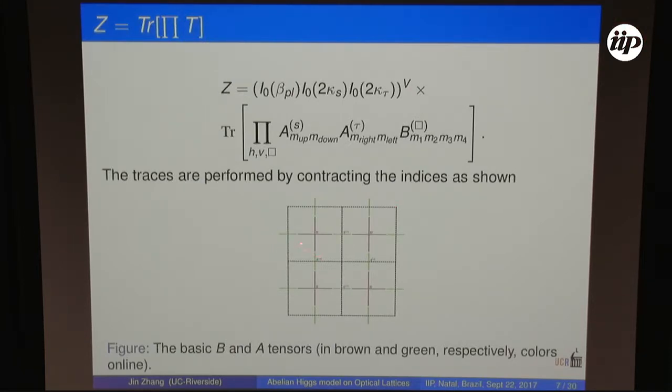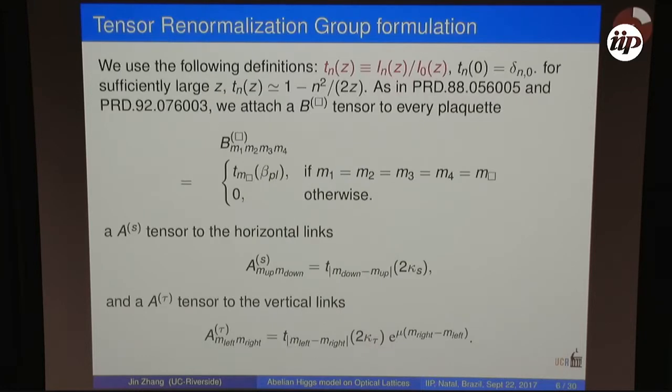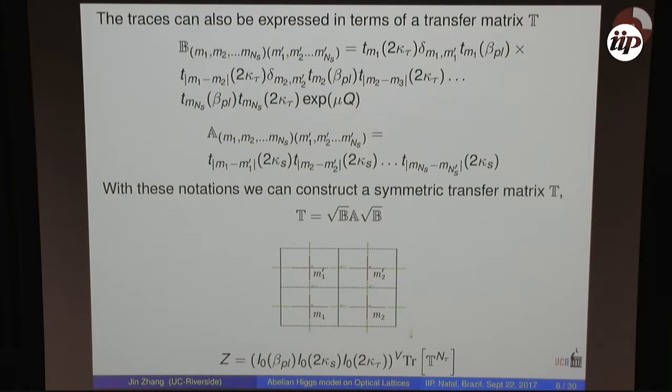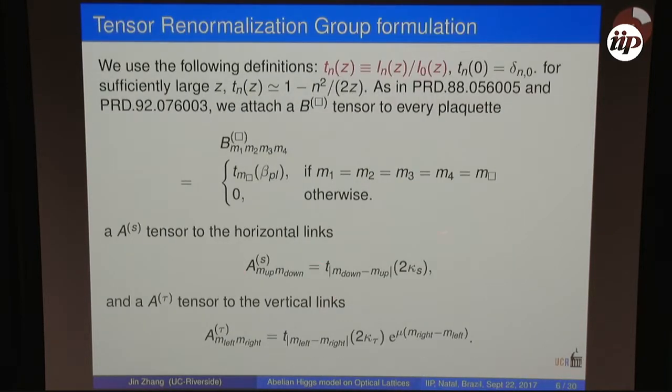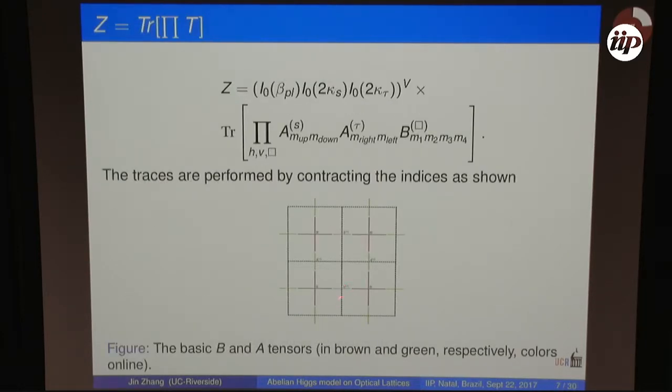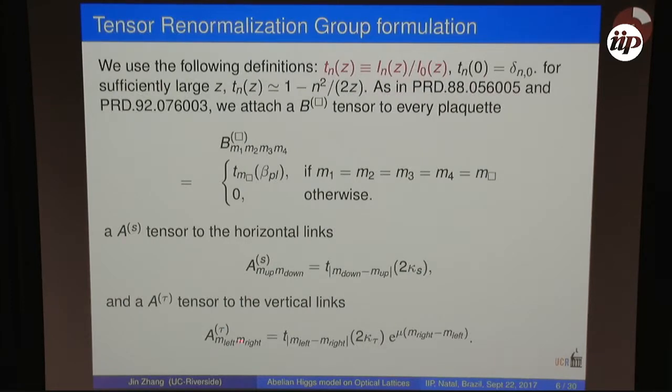Here, this tensor B in the center of the plaquette is just this, and here, the A_τ on the vertical line is this tensor. And the A_s tensor on the horizontal line is this tensor.